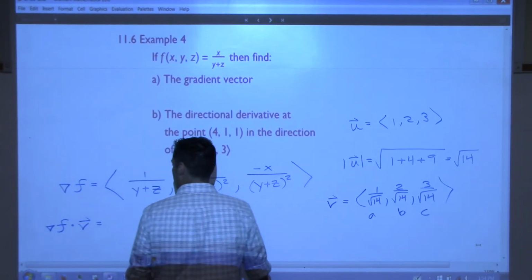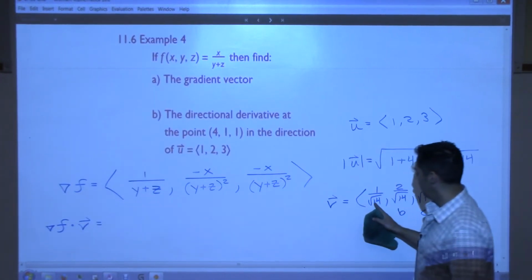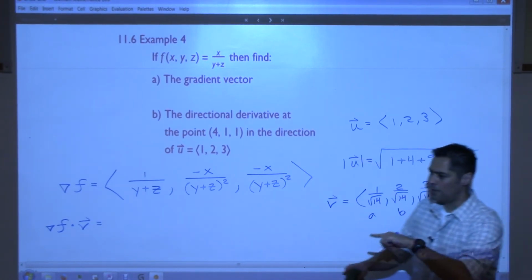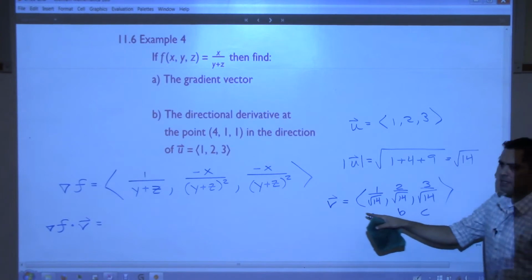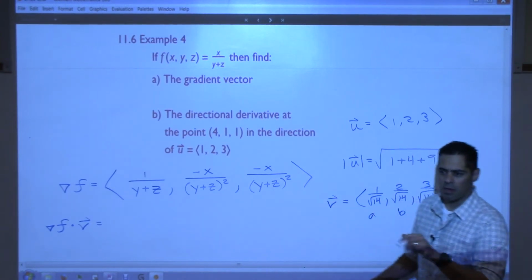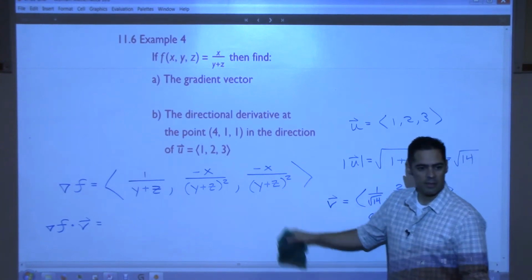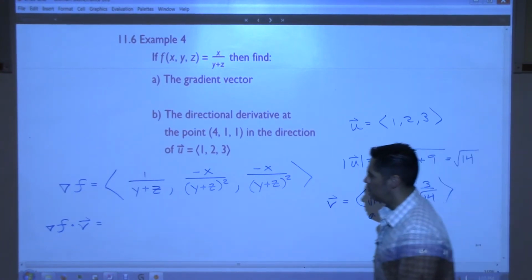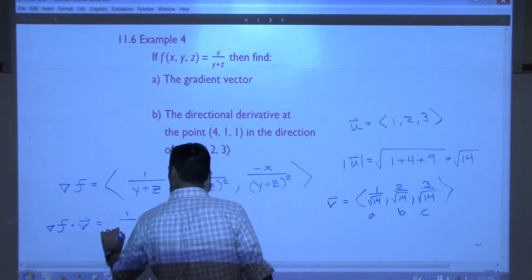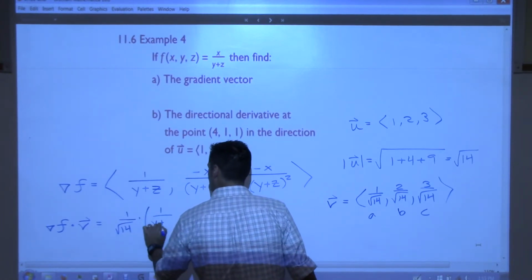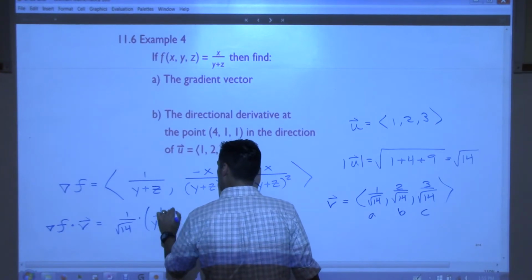It is 1 over root 14 times this plus 2 over root 14 times this plus 3 over root 14 times this, which gives us 1 over root 14 times 1 over y plus z.